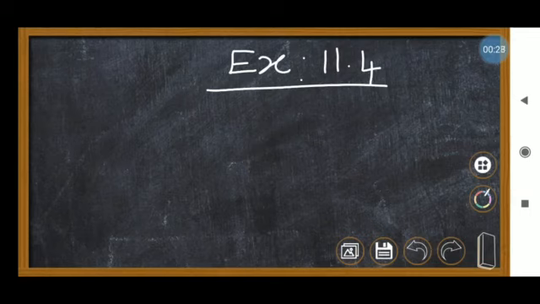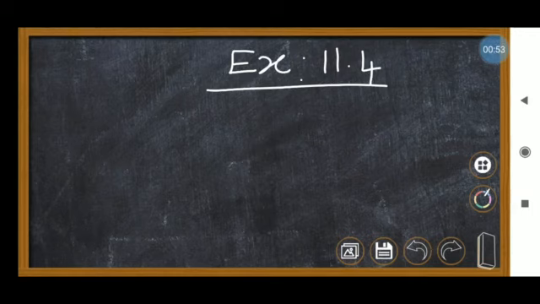Take Sarita's present age to be Y years. The given condition is: take Sarita's present age to be Y years. What will be her age 5 years from now? This is the first question. The second question: what was her age 3 years back?